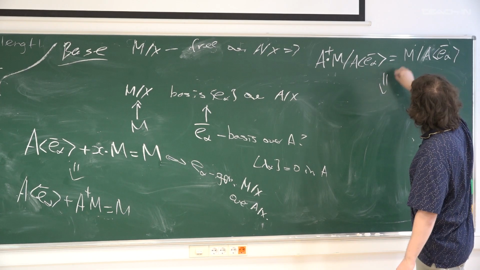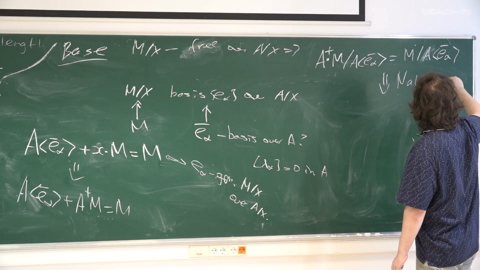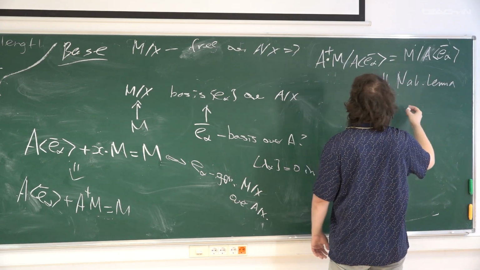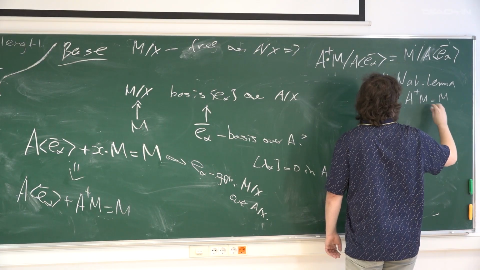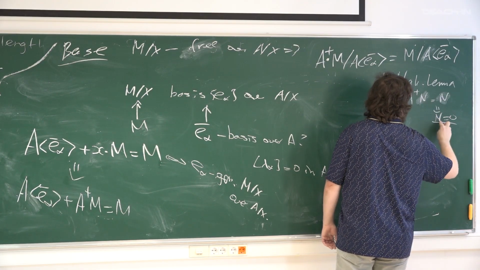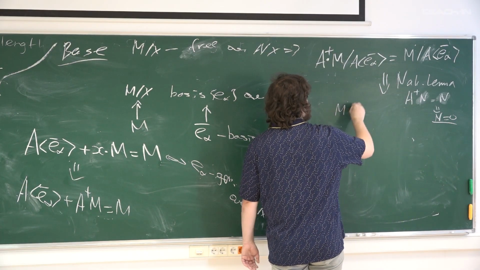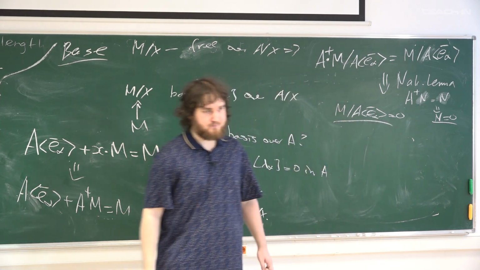And from Nakayama lemma, we obtain this quotient is 0. Nakayama lemma says that if you have some module that is the same, this means that M is 0. And so we obtain this quotient is 0. So they generate.